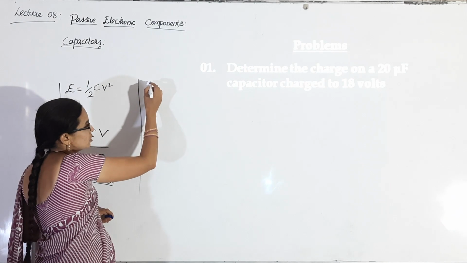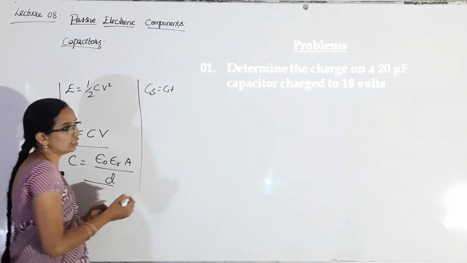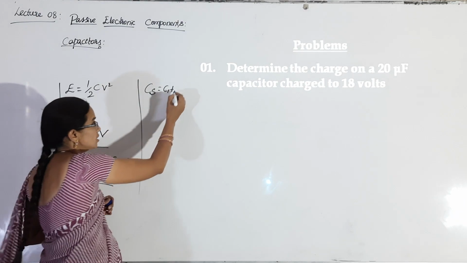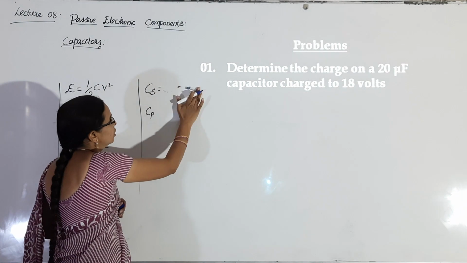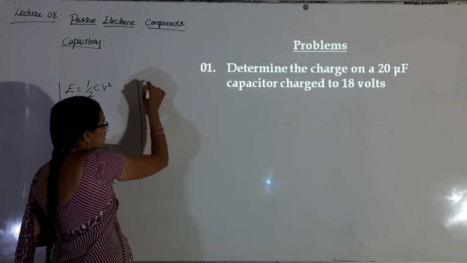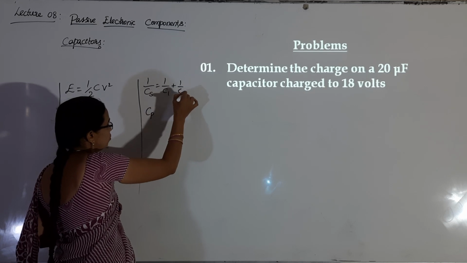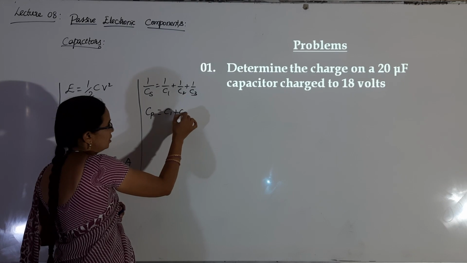For series combination, the effective capacitance when the capacitors are connected in series. We have taken the example of three capacitors, C1, C2 and C3. In series, 1 by Cs is equal to 1 by C1 plus 1 by C2 plus 1 by C3, and in parallel, Cp is equal to C1 plus C2 plus C3.